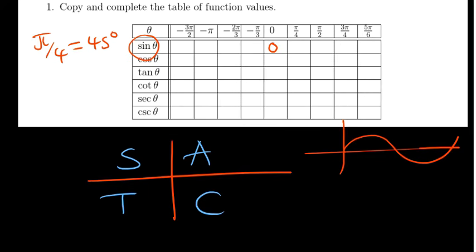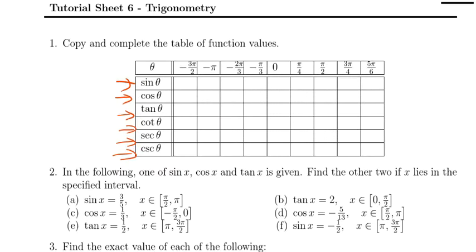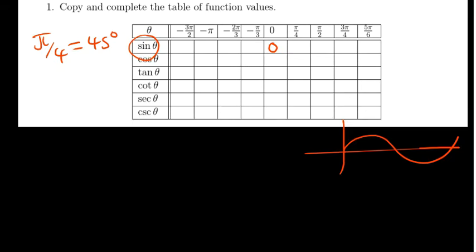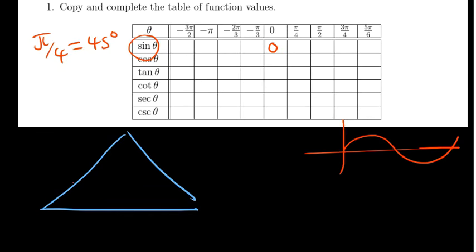So what is sine 45? I hope you've not forgotten. Sine 45 is actually a triangle where you've got two sides equal, 45, 45. The hypotenuse is root 2, and the other sides are 1 and 1.